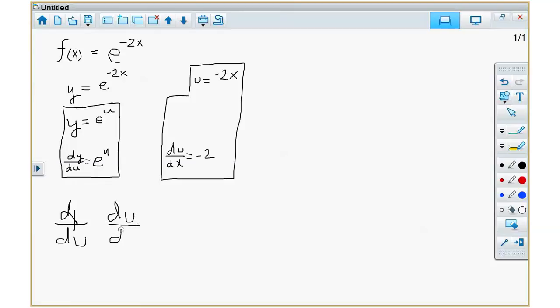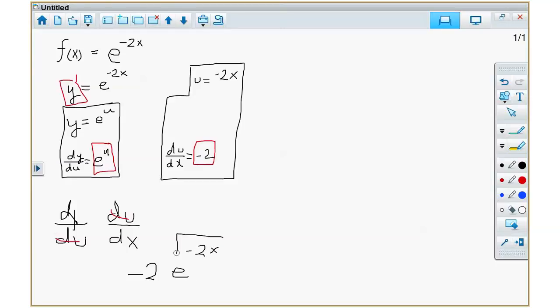If we multiply those two together, what happens to the du's? And what are you left with? dy/dx, which you are looking for. dy/dx is y prime. So all you got to do is multiply this guy times this guy and put your u back in. So the final answer is negative 2 e to the negative what?